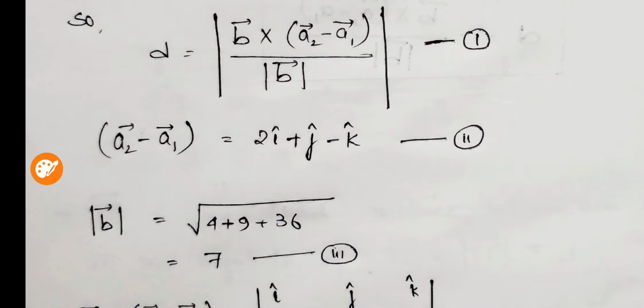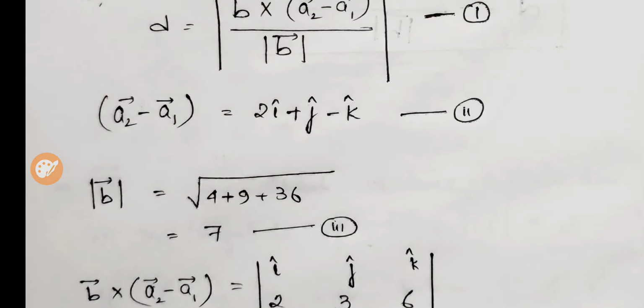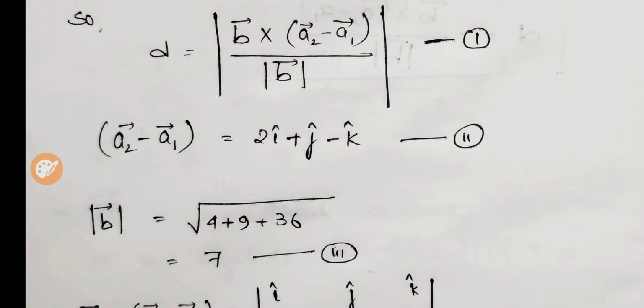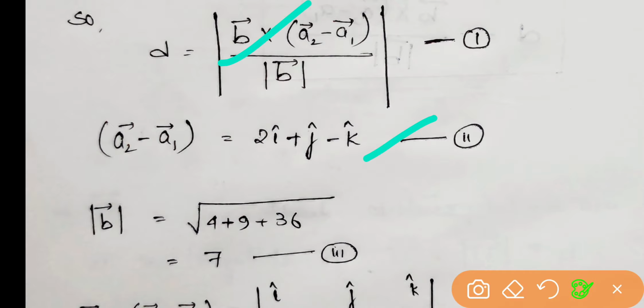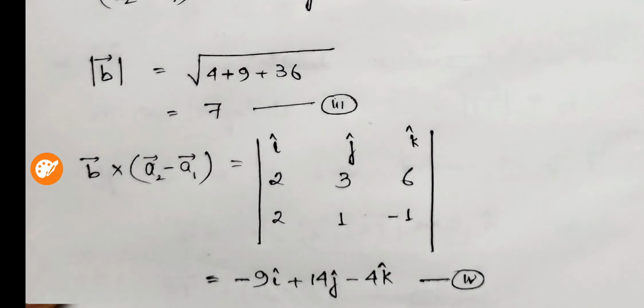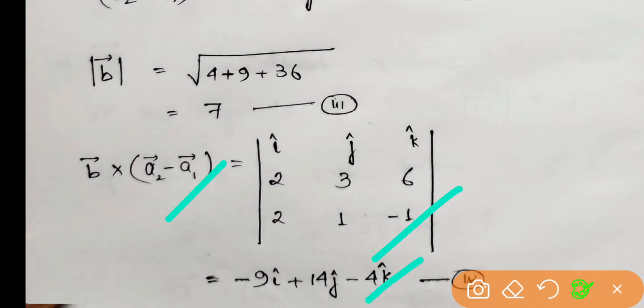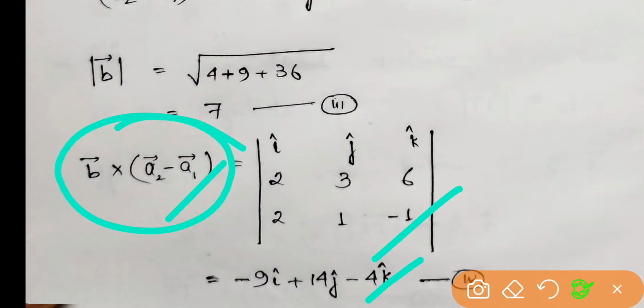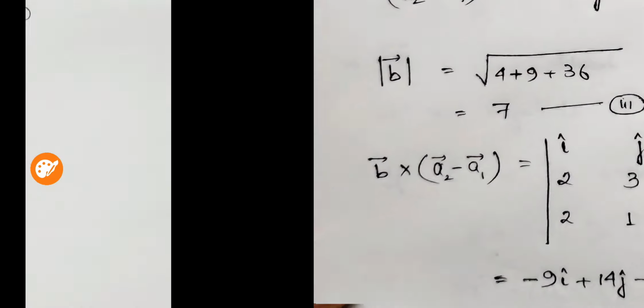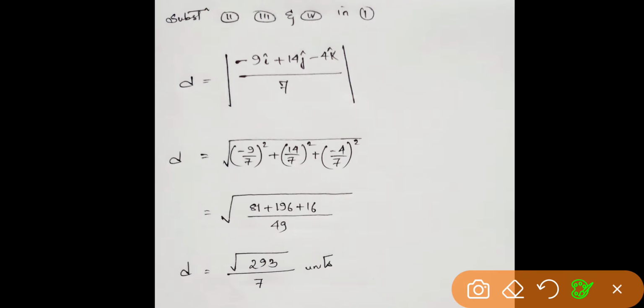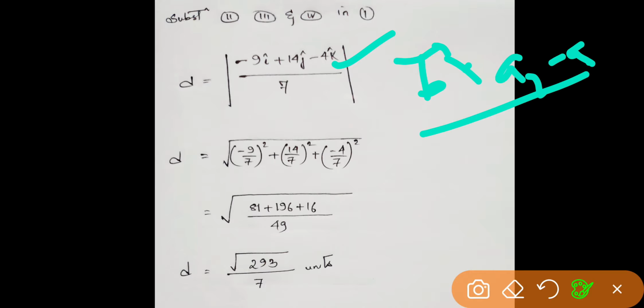First find the easy things, then find B cross A2 minus A1, this vector, and B vector is there to find. So we got this. Remember here you have to take cross product in parallel lines. And then from the formula the numerator is B cross A2 minus A1 divided by the magnitude of B. So magnitude of B we got as 7.